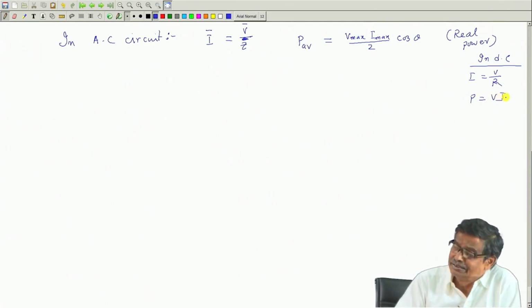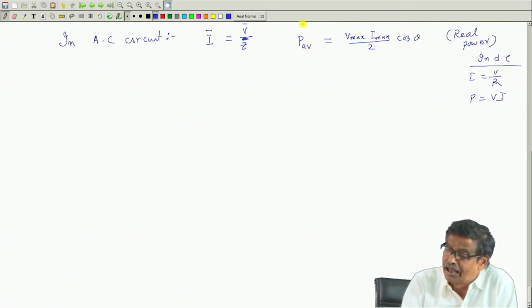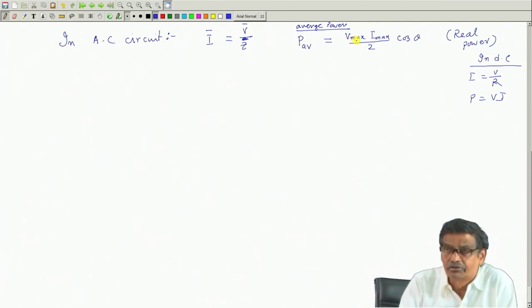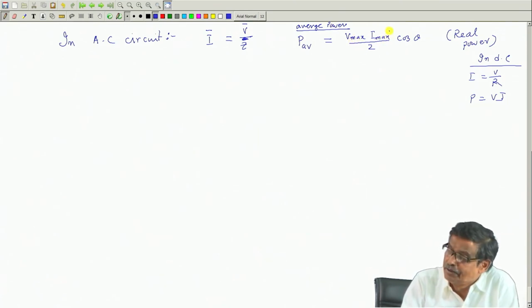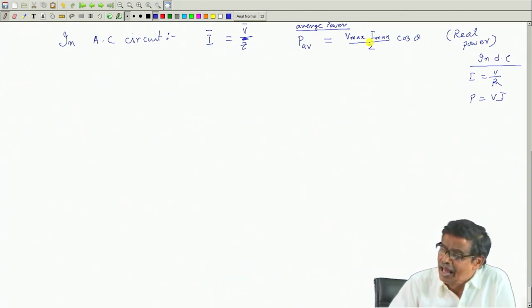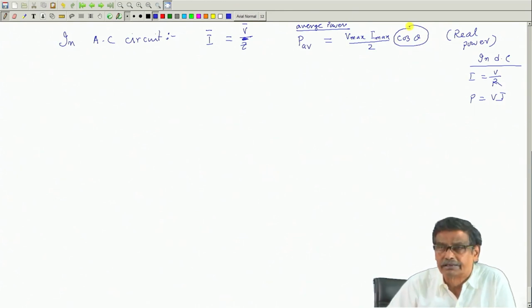Now, here in the expression of the average power, we find peak value of that sinusoidal voltage into peak value of the current, but there is a factor 2 appearing. It is nothing wrong, one can live with this. Apart from this, this term of course cos theta will be always there.